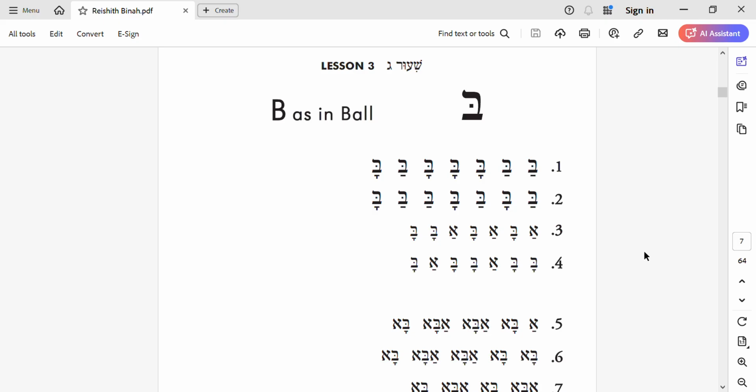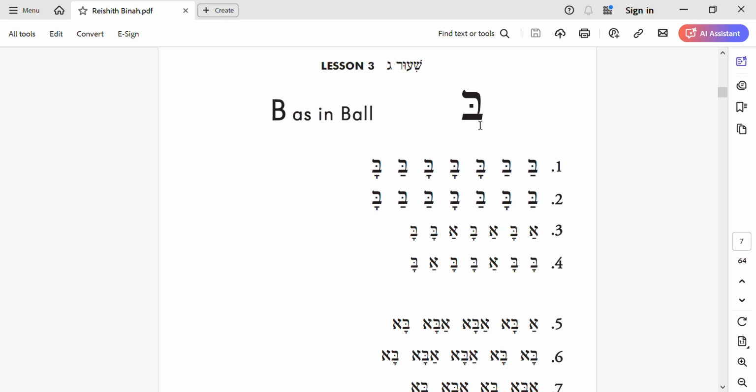Alright, next we talked about the letter bet with the dagesh inside. If it won't have the dot, it'll be like a V as in a vase, for instance. But before jumping ahead, just think about this little symbol here, this shape with the dot inside.